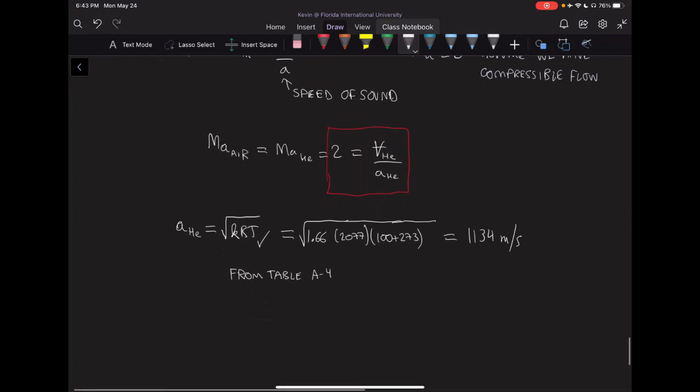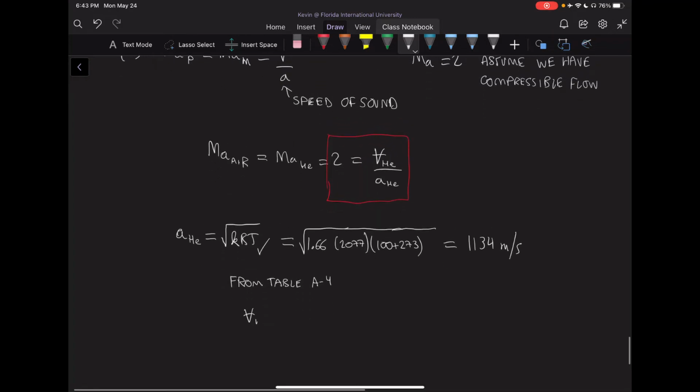So we can now say that our velocity of the helium is equal to 2 multiplied by A of helium, which is equal to 2,268 meters per second.